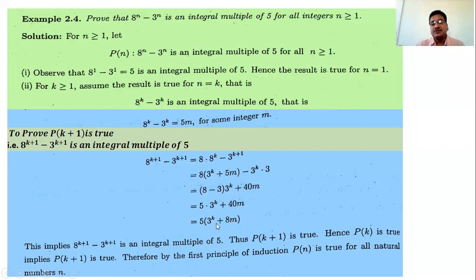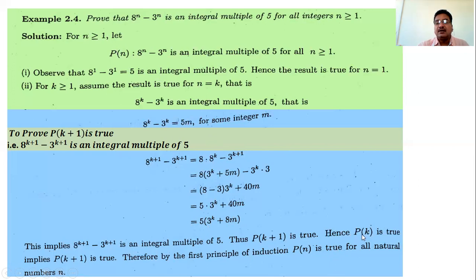So this 3 raised to k plus 8m is an integer, and therefore 8 raised to k plus 1 minus 3 raised to k plus 1 is expressed in the form 5 into some integer, meaning it is an integral multiple of 5, and that is, pk plus 1 is true. That is, pn is true for n equal to k plus 1.